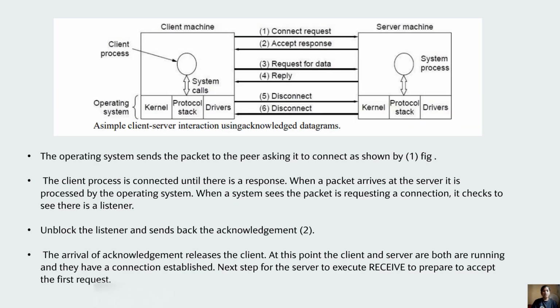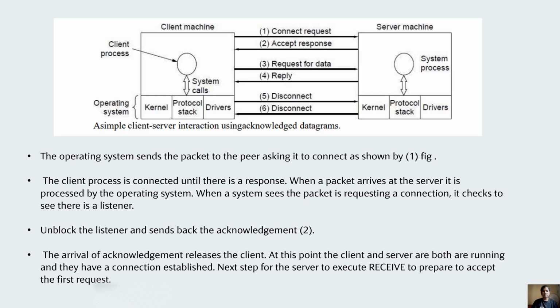Next, the operating system sends a packet to the peer asking it for connection. Then the client process is blocked until there is a response. When a packet arrives at the server, it is processed by the operating system. When the system sees that the packet is requesting a connection, it checks whether there is a listener. So basically, when it sends a request, it checks if any service is free.